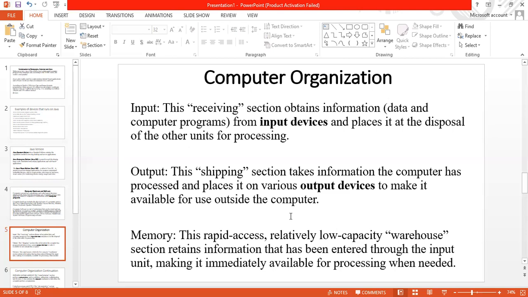Every information that we have input, it allows us to retain it, to store it, making it immediately available for processing when needed. So, like I said, using Control S on our keyboard makes us store information.